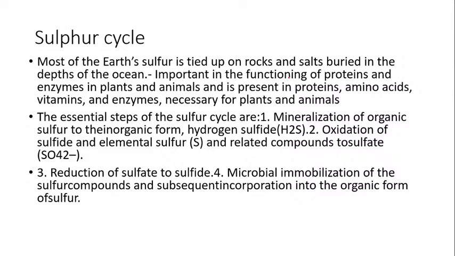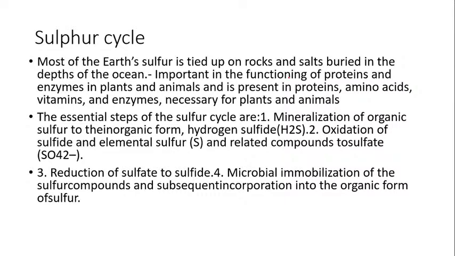Most of the sulfur is locked in rocks and also under the sea. And the important points about sulfur: one, it is a sedimentary cycle, and two, it is an imperfect cycle.